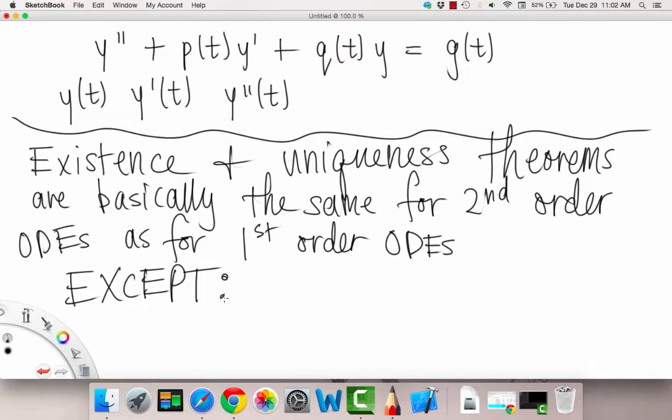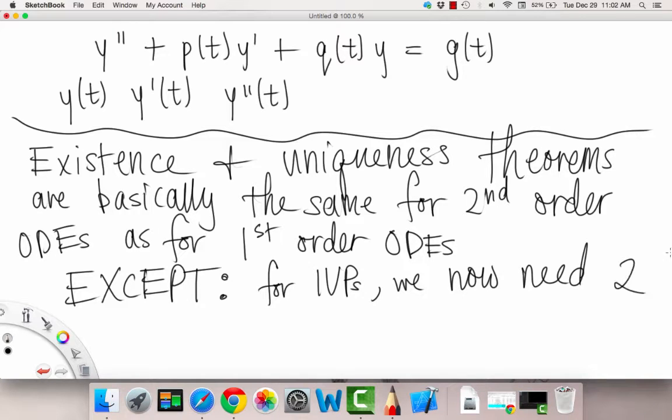Except now, for initial value problems, where we're trying to determine uniqueness and everything, we now need two, not one, but two initial conditions, and I'll tell you why.